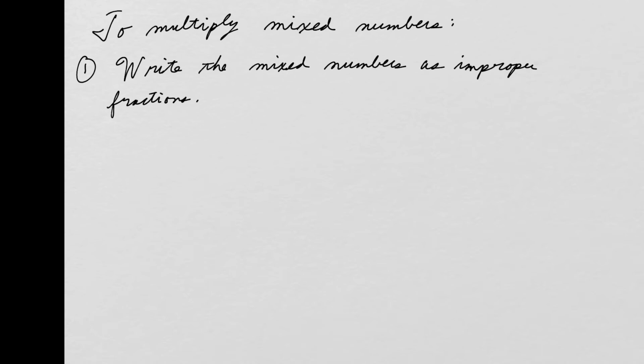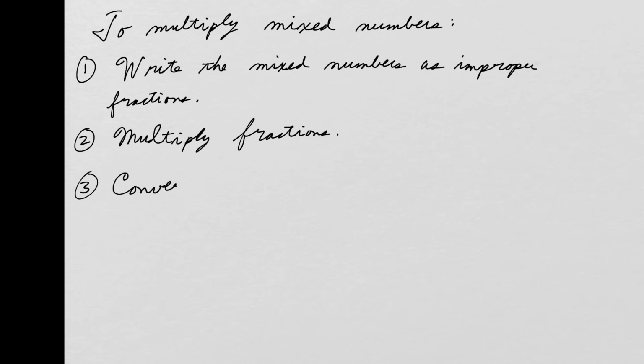Then you multiply the fractions. And then for the answer, you convert back to a mixed number. So multiply fractions, and then convert back.